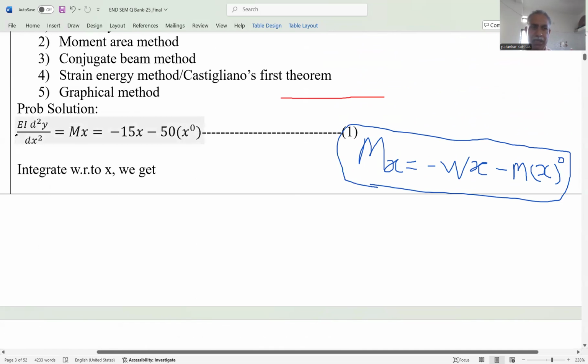This is the elastic curve equation, and Mx, we know, is equal to -15, that is the value of w, into (x - 50), that is the value of m, x^0. This is equation number 1.